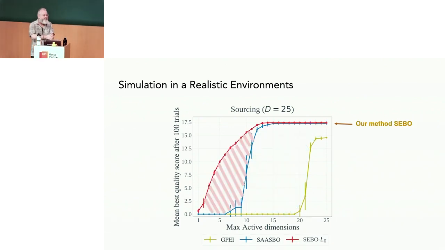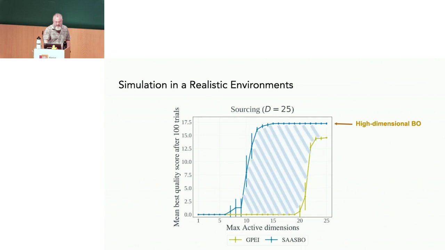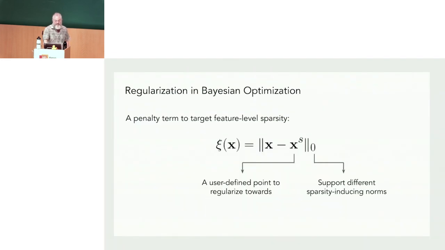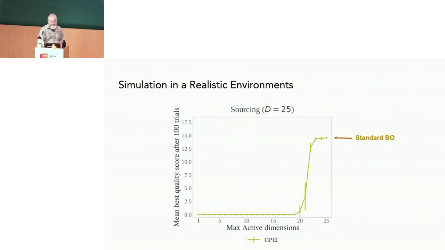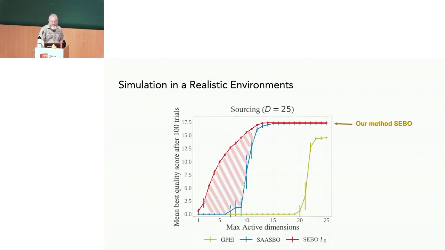And this method that we propose, which is essentially to do multi-objective optimization on the loss function and this L0 penalty term, allows us to find this Pareto frontier where we're able to have maybe, let's say, only 5 active sources.